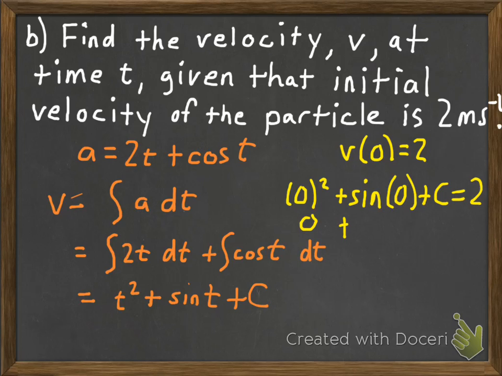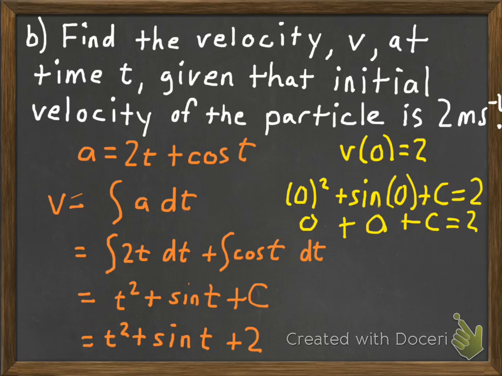The sine of 0 is 0. So it turns out that c is equal to 2. And what that tells us then is that the constant of integration was 2. And so our velocity function in terms of t is t squared plus sine t plus 2. Still with me, I presume.